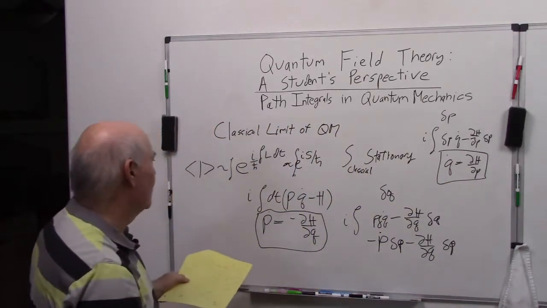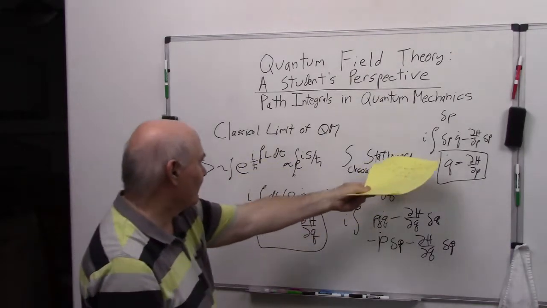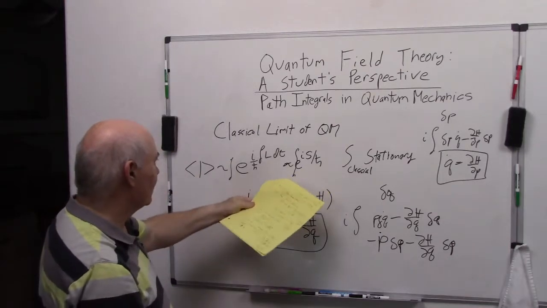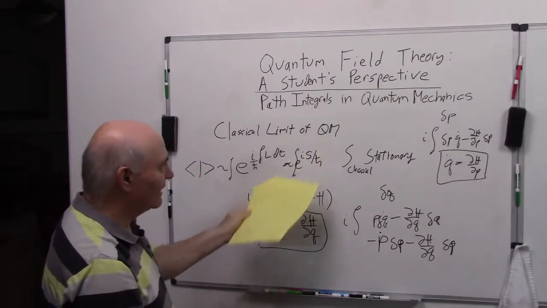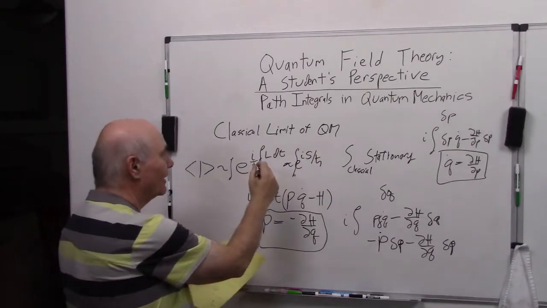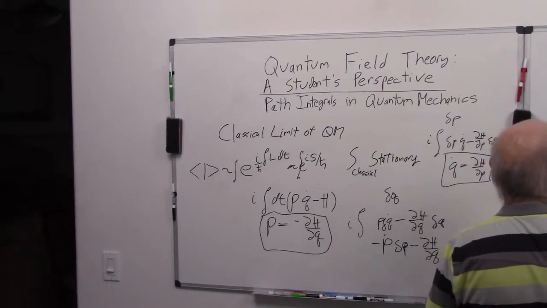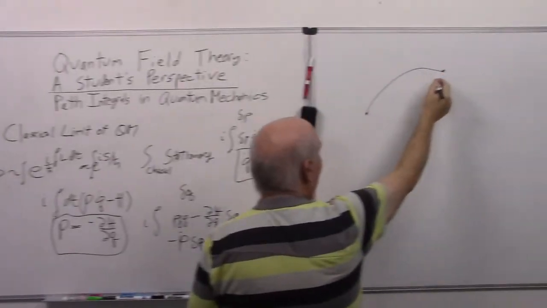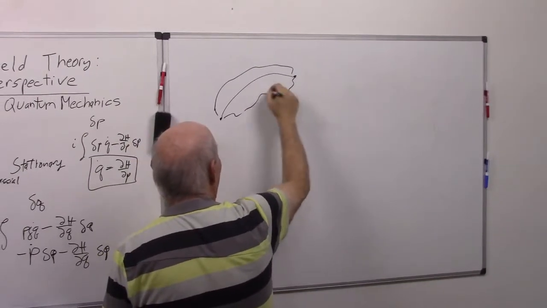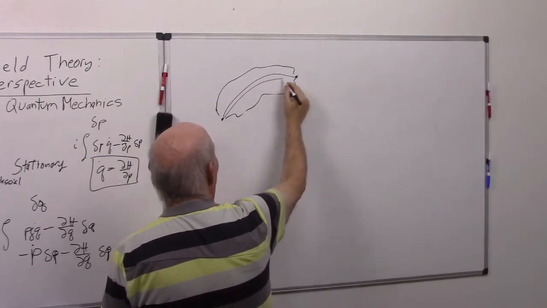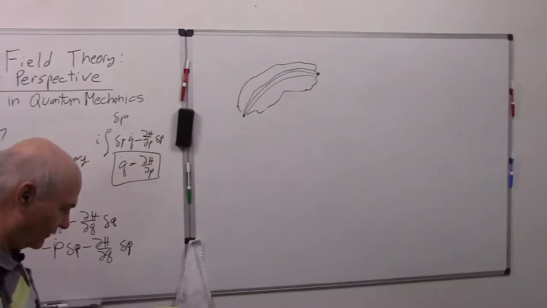So requiring that the action be stationary is equivalent to Hamilton's equations, and it's equivalent to the amplitude in quantum mechanics coming from the classical path. You only have to evaluate the classical path. We don't have to worry about the other paths because they all cancel out destructively. It's only the paths that are near the classical path that contribute to the amplitude.